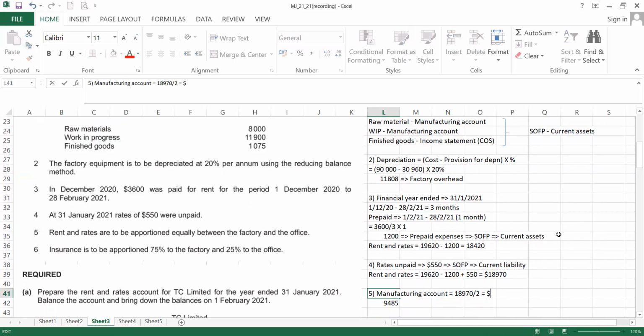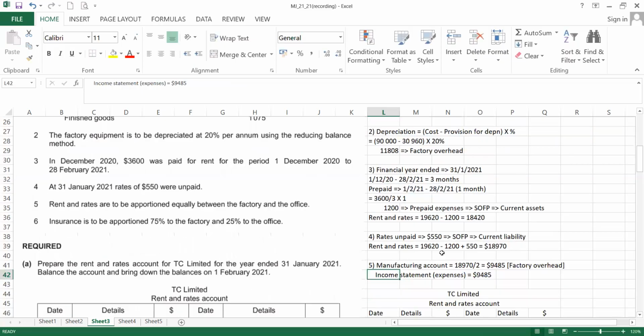So this one is 9,485. Where else? Income statement, under the expenses, we also will get another 9,485. So this one, the manufacturing portion, will be under the factory overhead section. So take notes.